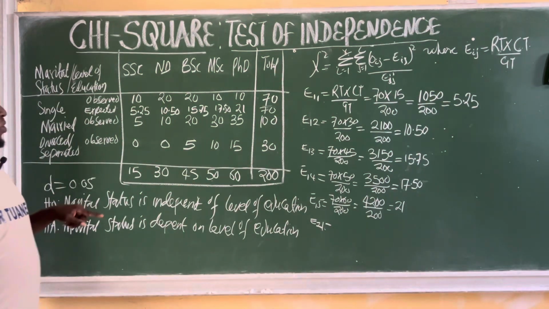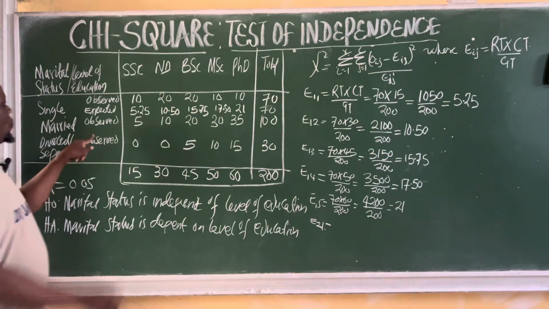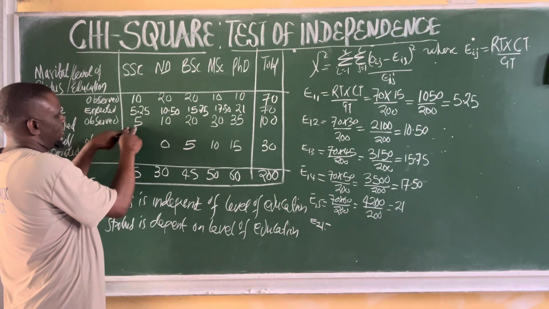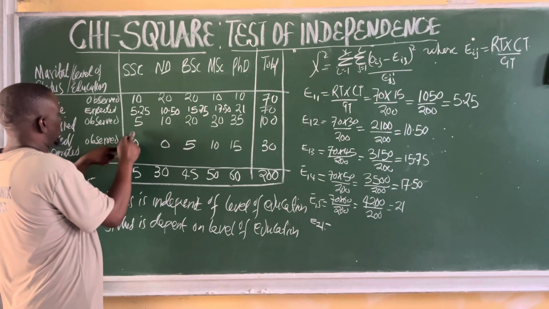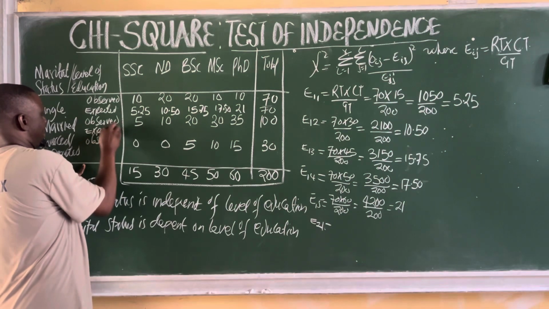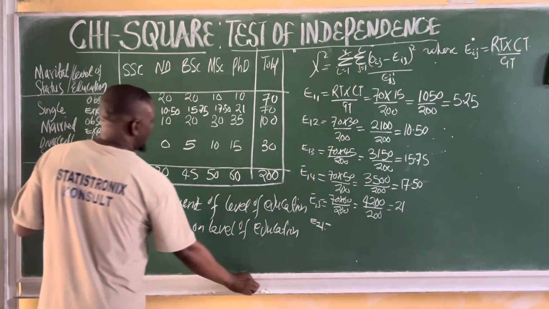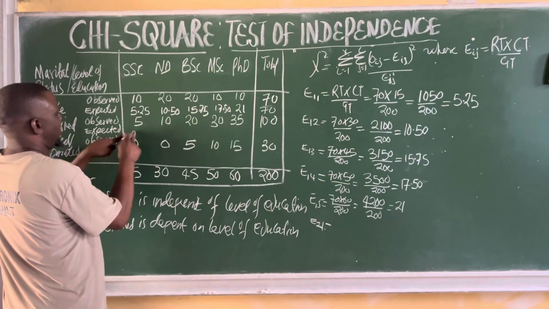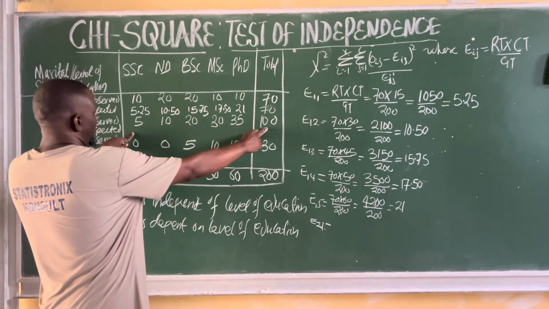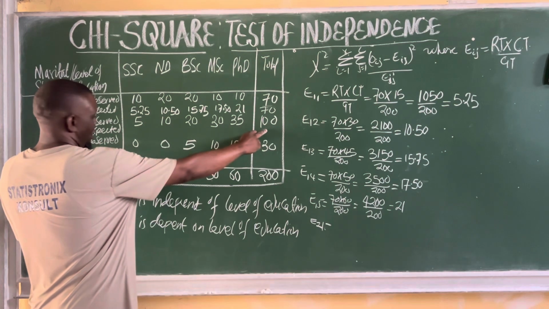Okay. Now, the next is the expected value for cell 2, 1, row 2, column 1. So the expected value here will be, our row total here is 100 and the column total is 15.